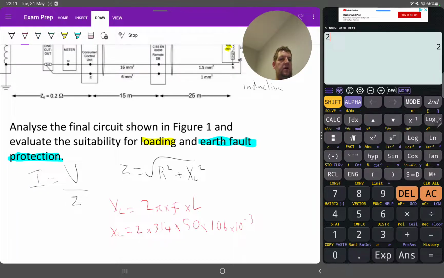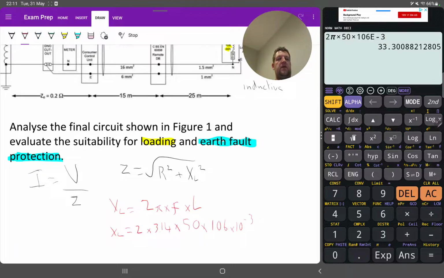So if I shift, get the pi on the screen, times by 50, or frequency, times by 106. And to get it times 10, we're going to use the EXP button itself, so the expression button. EXP, we're going to use the minus that's in brackets, and then 3.